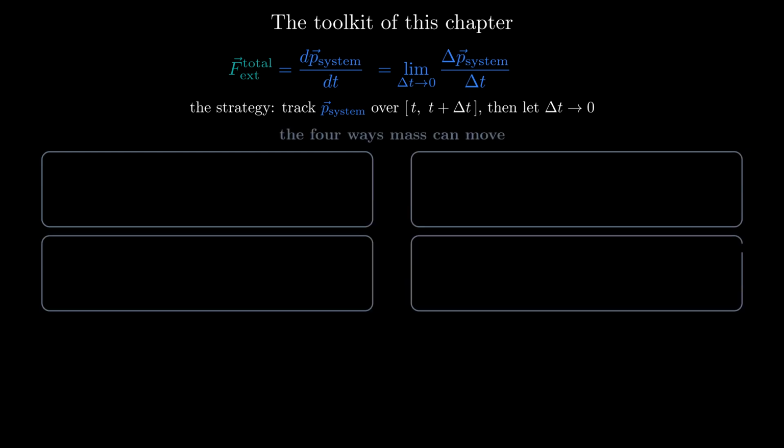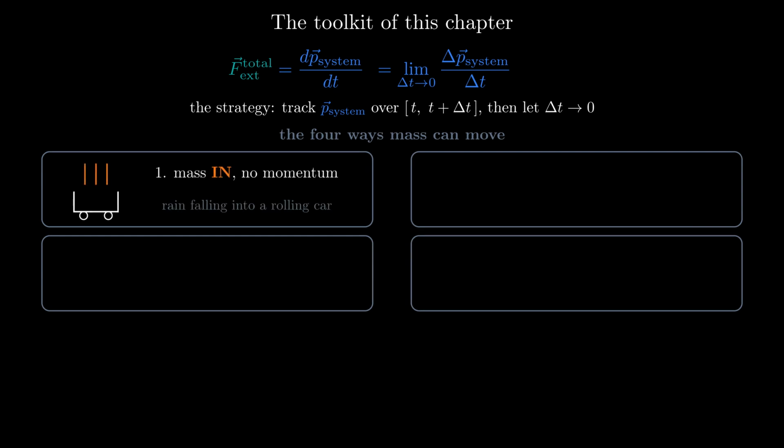Here is the toolkit this chapter is built on. The momentum principle: total external force equals the rate of change of system momentum. The strategy: track the system momentum from time t to t plus delta t, then let delta t go to 0.